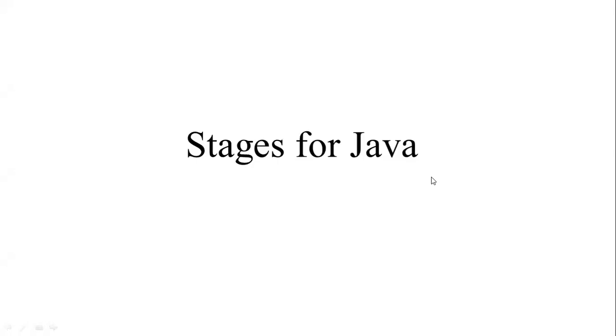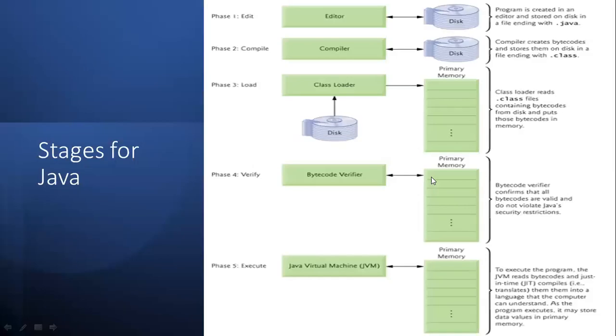Our topic is stages of Java. There can be five stages for Java: edit, compile, load, verify, and execute. For editing, we use an editor, meaning when we write our Java program, we use the editor. Then compile. When we compile our Java program, we require the Java compiler.